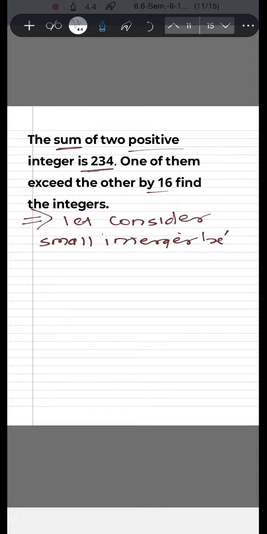A smaller integer is what? X. So what does the statement say? One of them is exceeded by the other by 16. Correct. So it means here I can write the same statement as x plus 16. And what they said next, the sum of them is equal to 234.